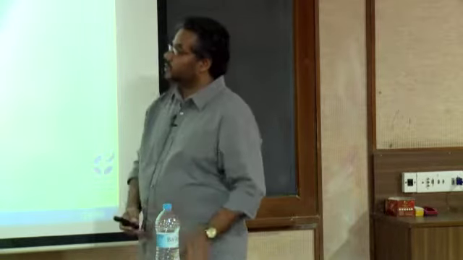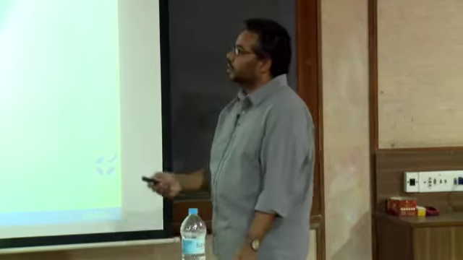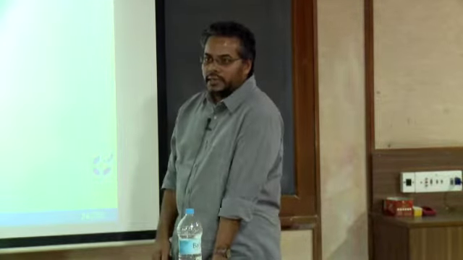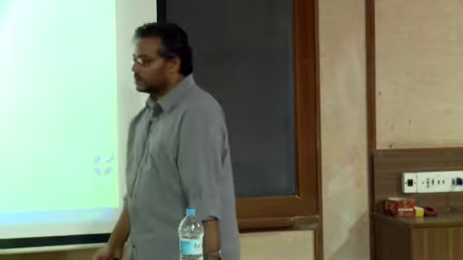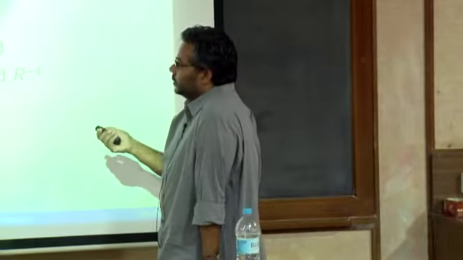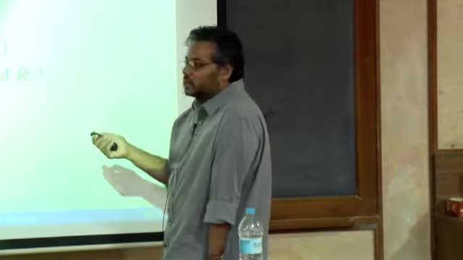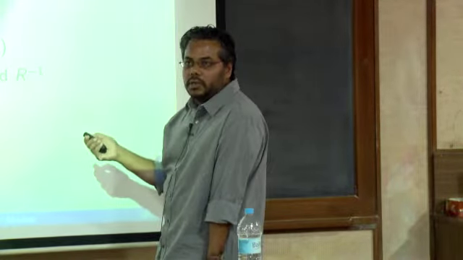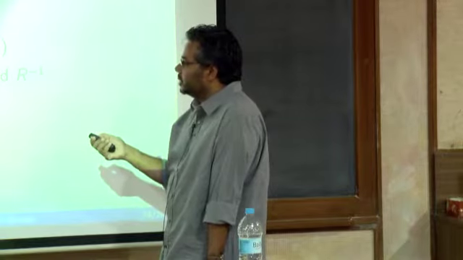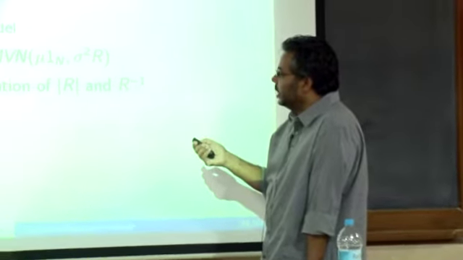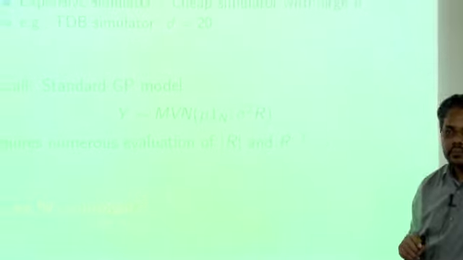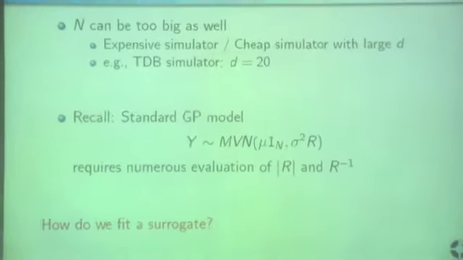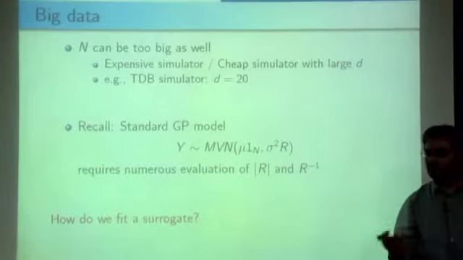Now, another aspect that is really interesting here is that if we have a large data set, let's say thousands, tens or hundreds of thousands, with this type of model fitting structure, the idea was to simply fit this multivariate normal data. There are a few parameters like mu and sigma square, and this R has theta in it. If you want to estimate these parameters, one way is to simply write down the likelihood and then optimize it.